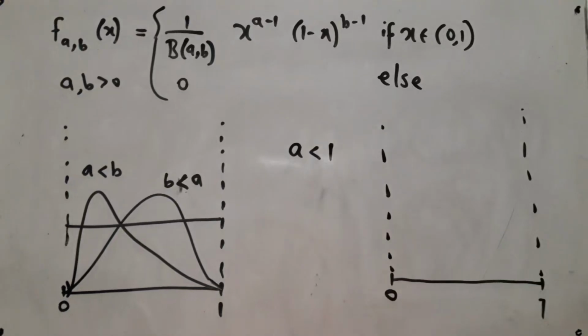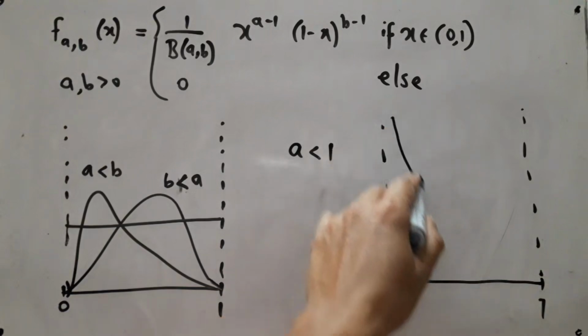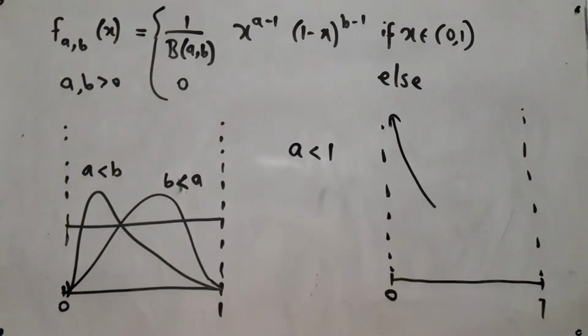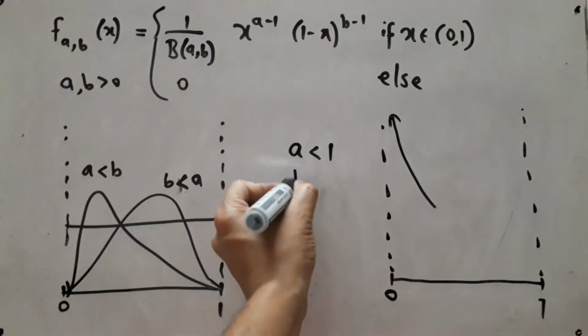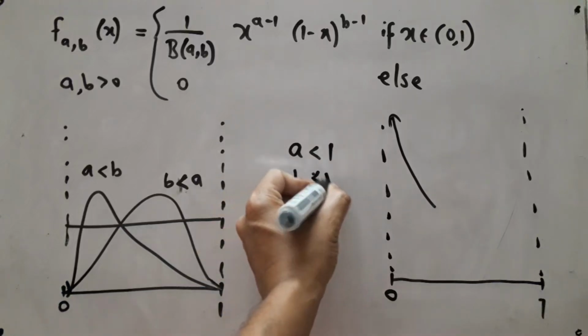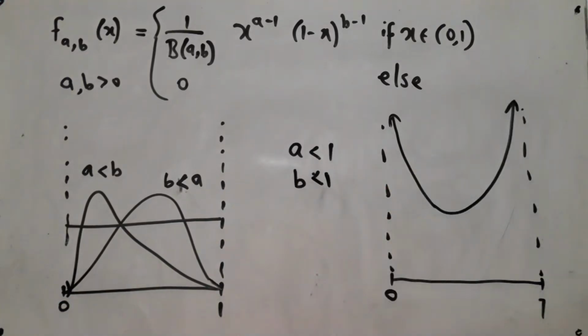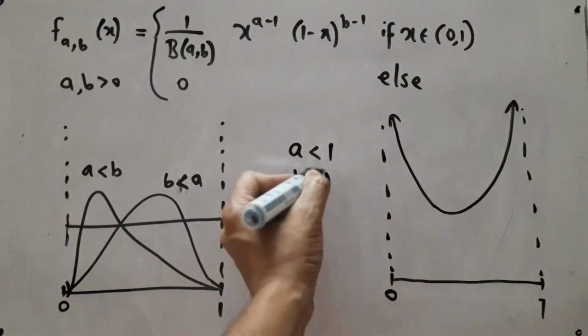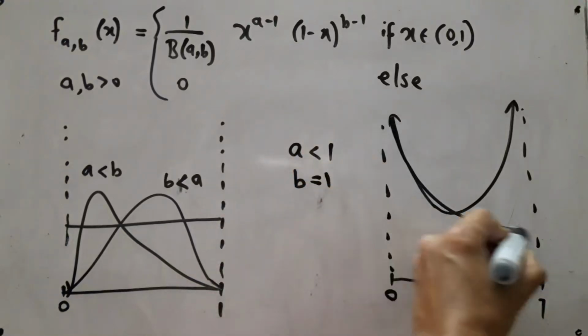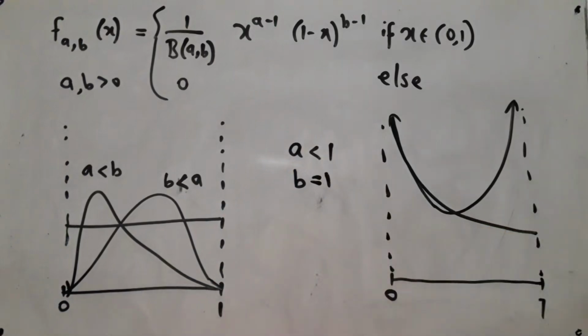If a is less than 1, of course it is greater than 0, then this end of the density will shoot up to infinity. What will happen to the other end? That depends on what is happening with b. If b is also less than 1, it will just shoot up to infinity at both ends. If it so happens that b is equal to 1, then it will hit some finite point here.